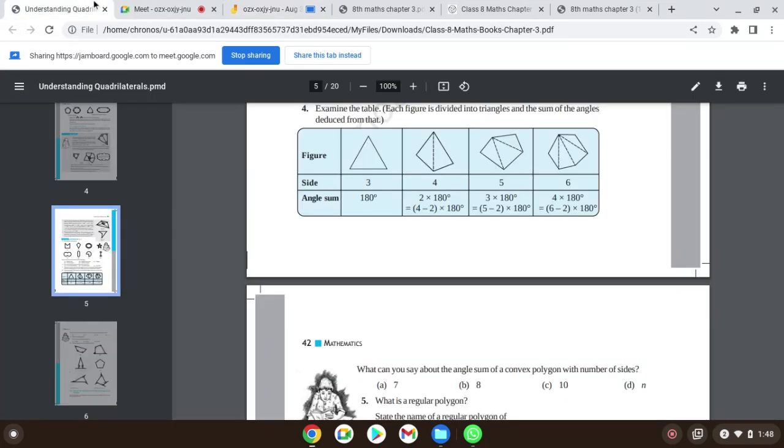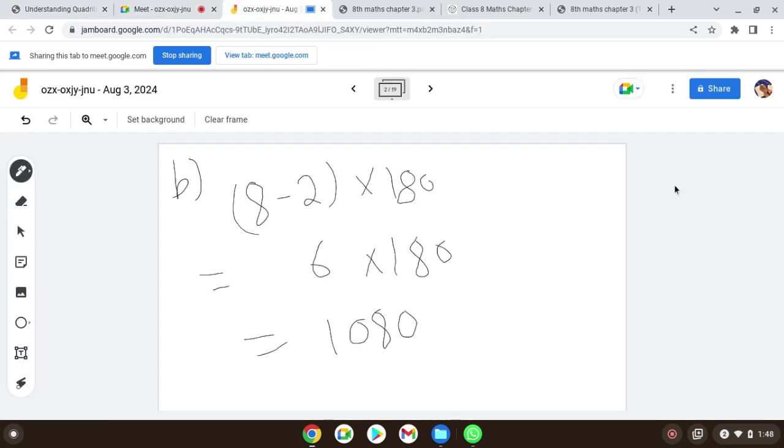Now part C. You have to solve part C. First finish this, then do part C. Can I move to the next page? Yes, ma'am.